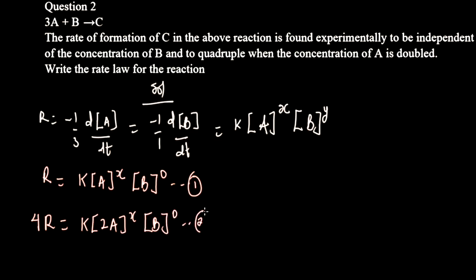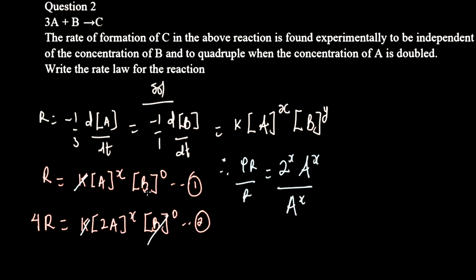So let's divide equation 2 by equation 1. We therefore have 4R over R equals (2A)^x over A^x. The K cancels out, R cancels out, and A cancels A.